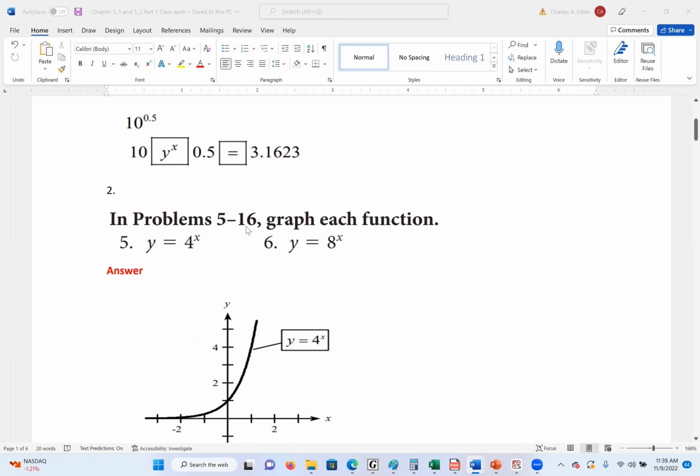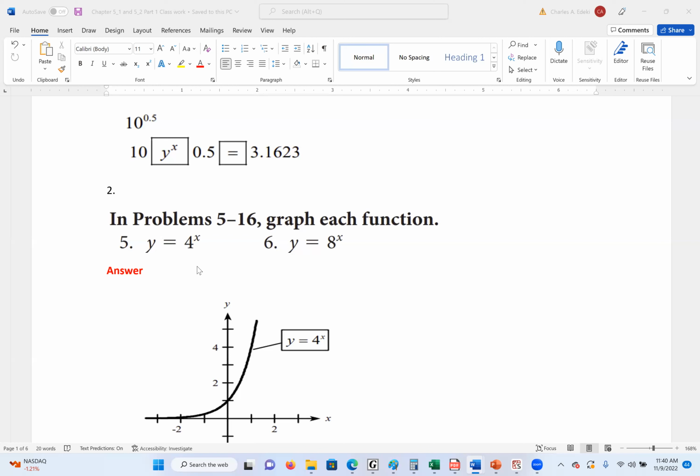For question 5, we have y equal to 4 to the power x. This means I can look at any interval of x, let's say from -2 to +2. When x is -2, y will be 4 to the power -2. When x is -1, y will be 4 to the power -1, which is 1/4.